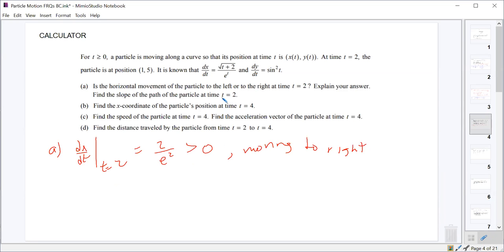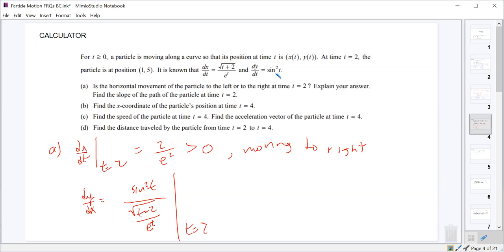Then we want to find the slope of the path of the particle at t equals 2. In order to find the slope of the path, we need to find dy dx. We know that dy dx is dy dt over dx dt, and we just need to evaluate that at t equals 2.